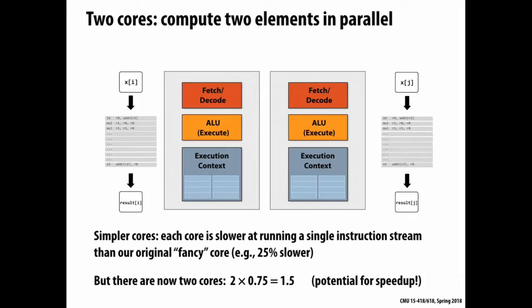So if you imagine, for example, each of these is 25% slower than the original one, or 0.75 the performance, but if I have two of them, that would apparently give me a potential for a 1.5 times speedup. And so I'm ahead of the game.